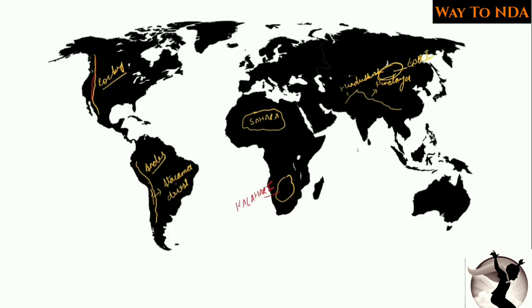Try to find the Gobi Desert in your atlas. In Australia also there are about 6 important deserts. We are going to study these deserts when we study the Australian map. And this area is Greenland.